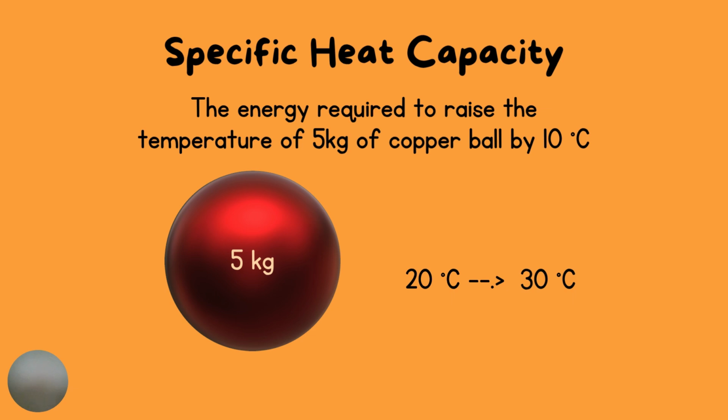How do you write this? You write 500 joules per 5 kilograms and 10 degrees Celsius. Later we can calculate how much the specific heat capacity is for this 5 kg metal ball.